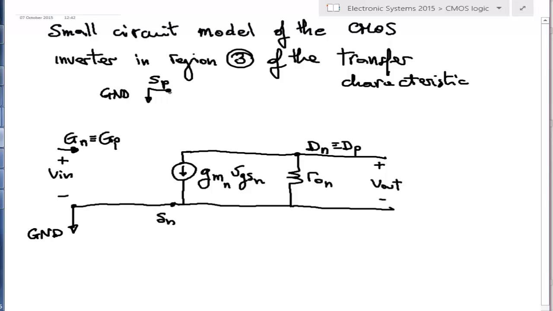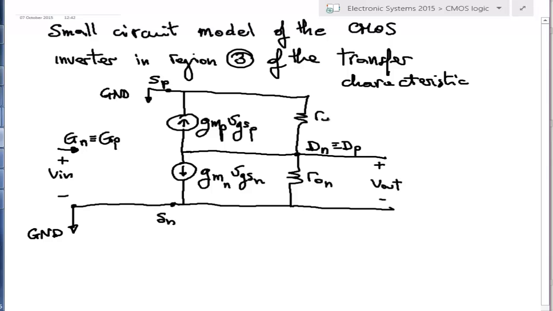Again, we have the same thing on the other side. We have GMP from drain to source of the P MOSFET times VGSP, and in parallel we have ROP. So this is the simple small circuit model.